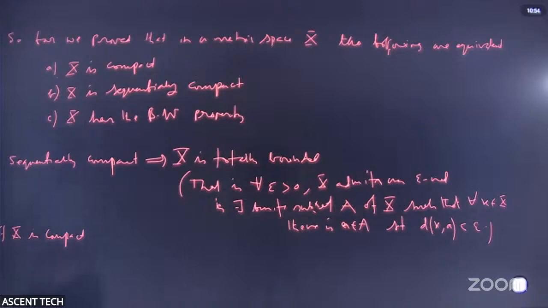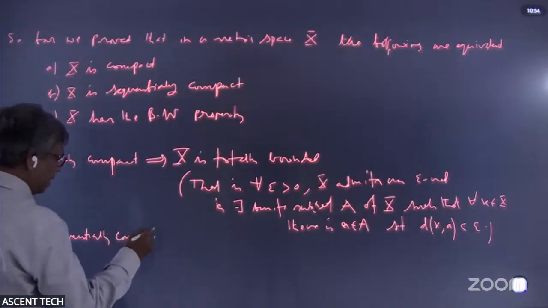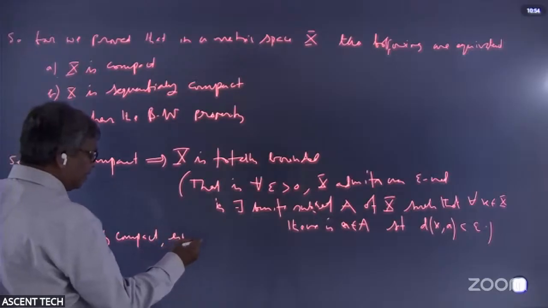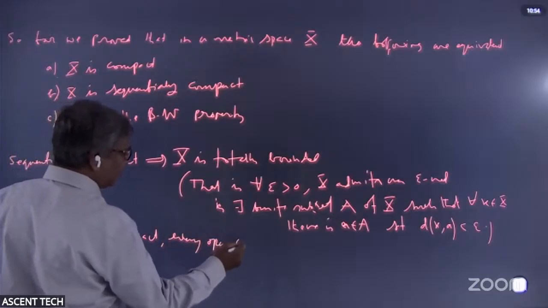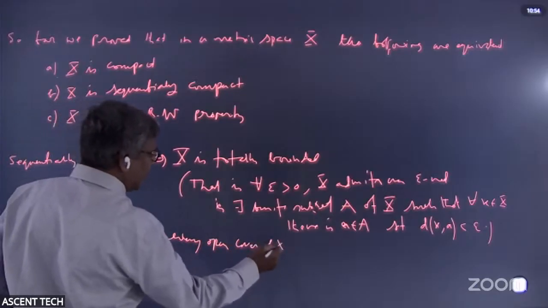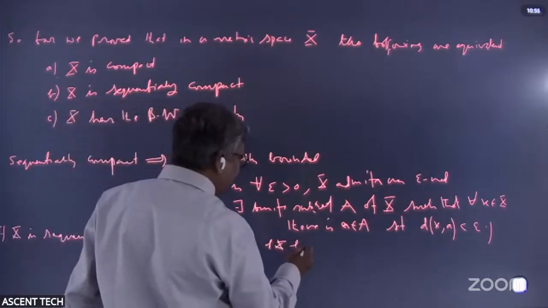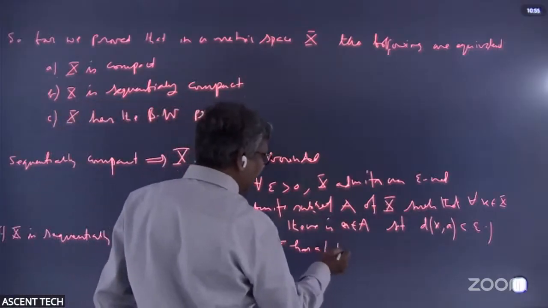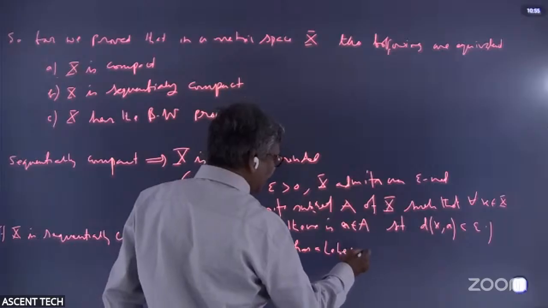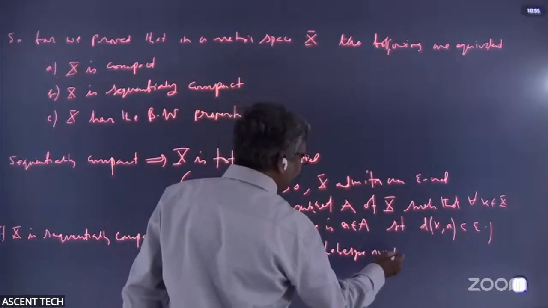I proved it for sequential compactness, and compactness and sequential compactness are the same for metric spaces. If X is sequentially compact, every open cover of X has a Lebesgue number. We proved this also.